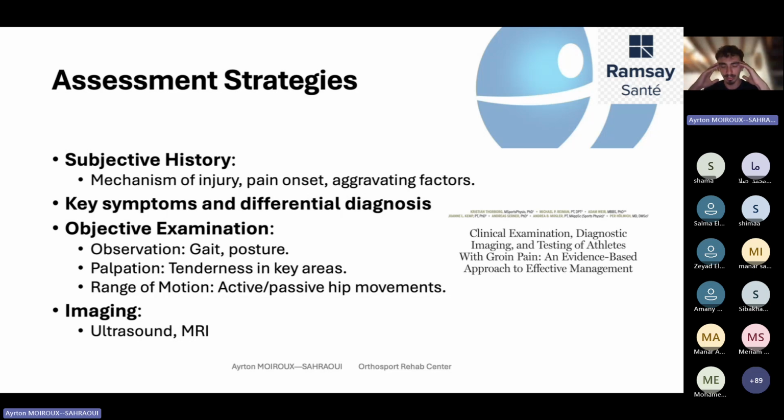Then I will do this special test. If they're positive, that's where I need to go. If they're negative, okay, I will retry again. Maybe I missed something. It happens to everyone, including me. Sometimes I think it's something, the tests show me that's it, I'm doing rehab, and one month later, no benefits.